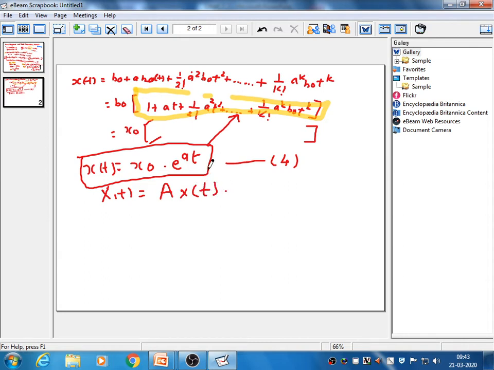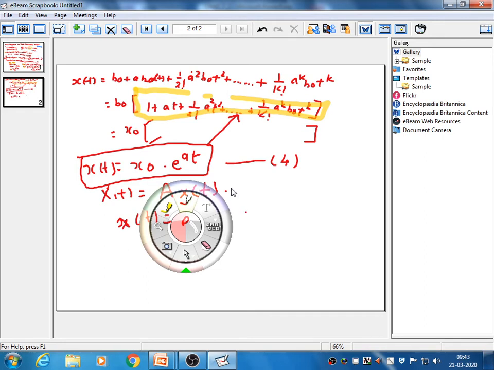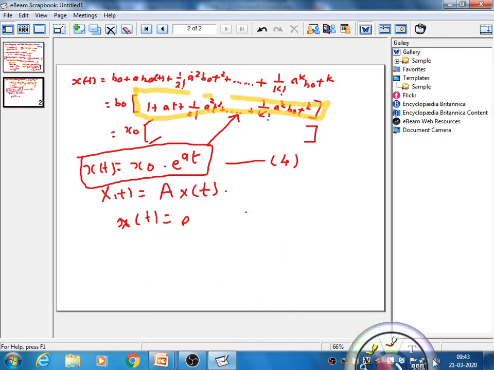Okay, now what you have to do, our capital X of t, I can write as e raised to At into x. This one is the capital.